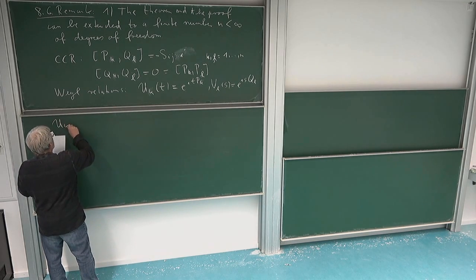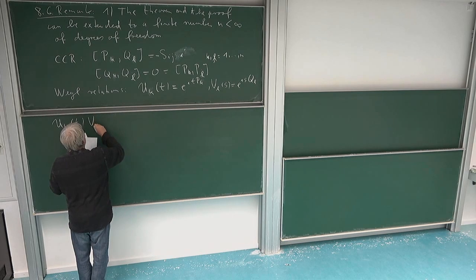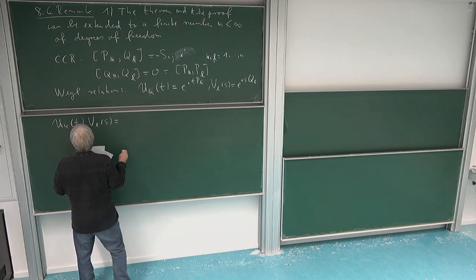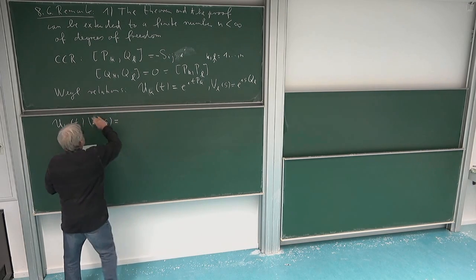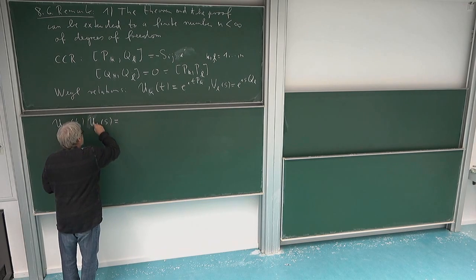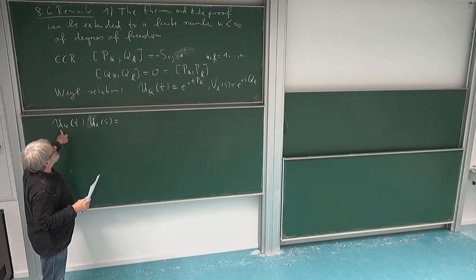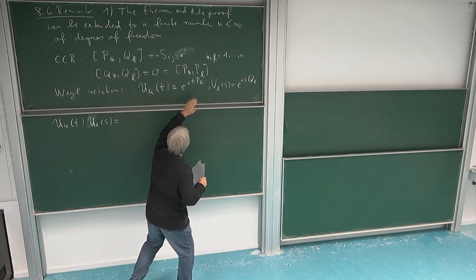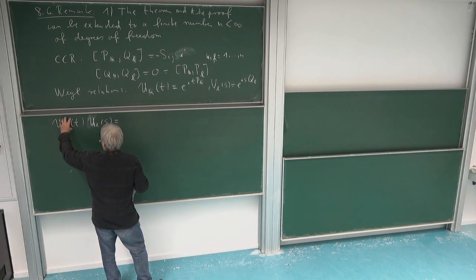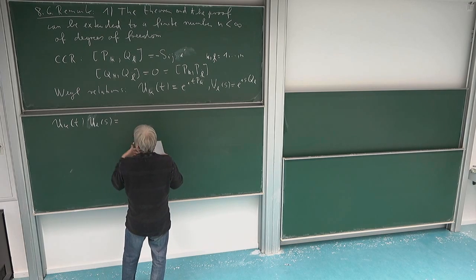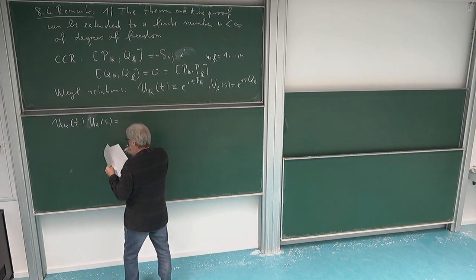If I take the U's, for which the generators are the P's, so this here is the p_k and this is the p_l, those commute, so the unitary groups also commute.